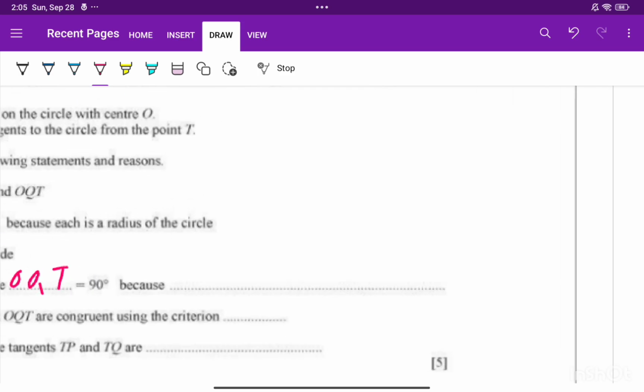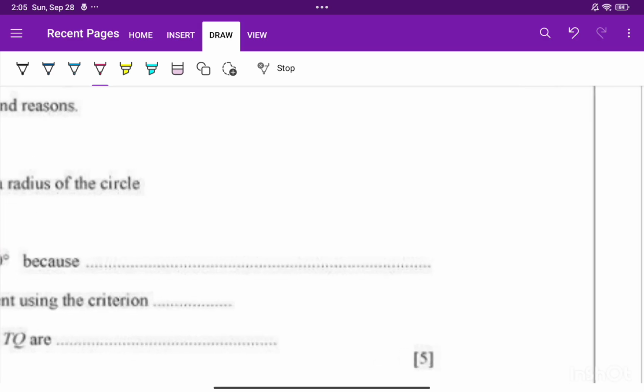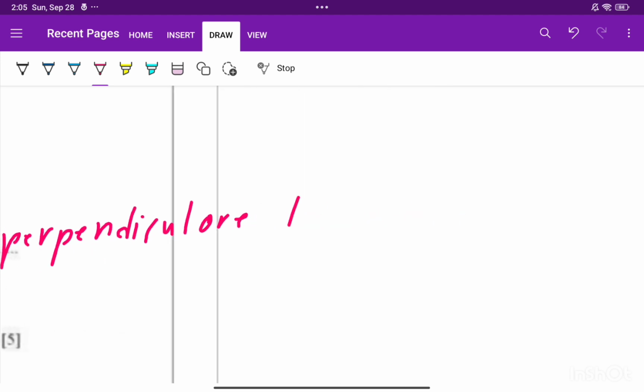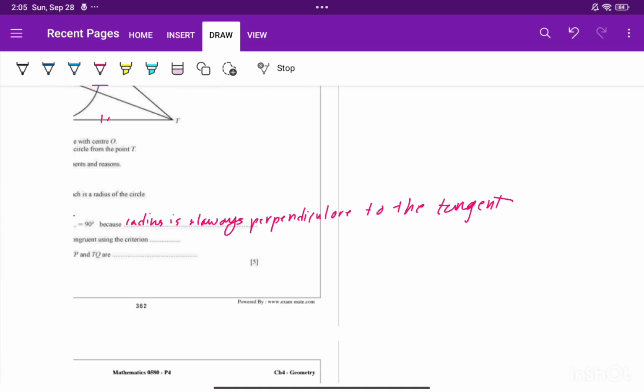So we can write because the radius is always perpendicular to the tangent.